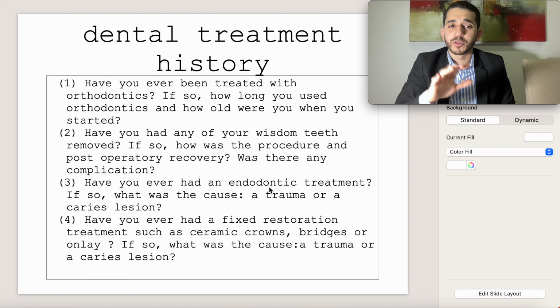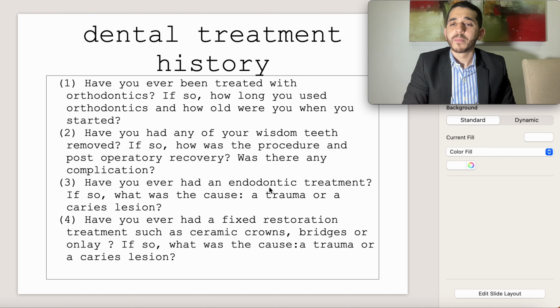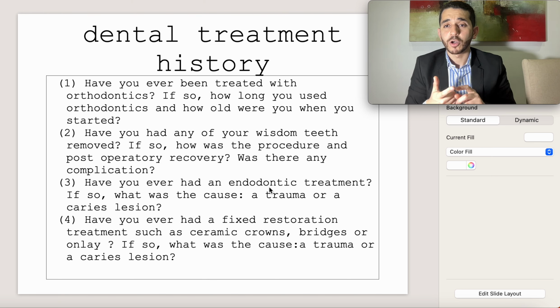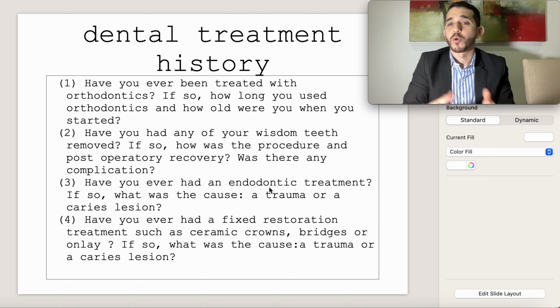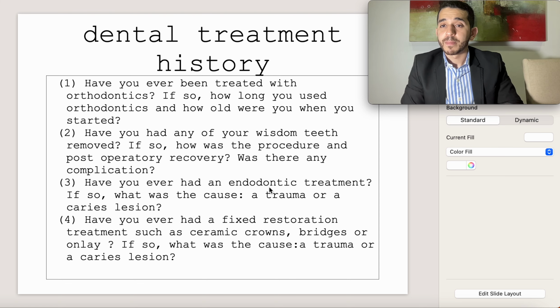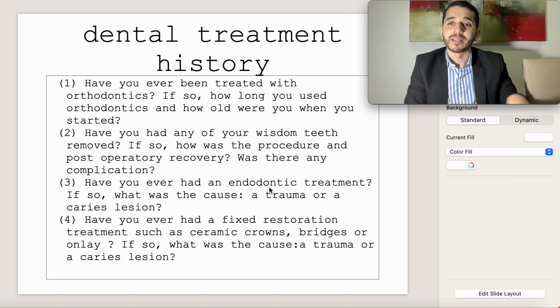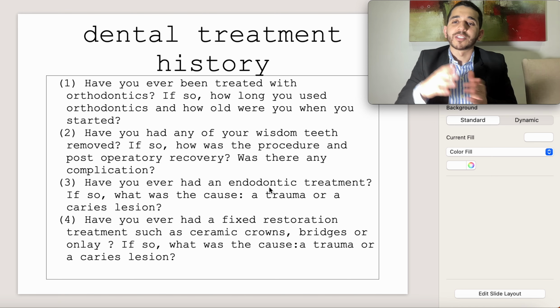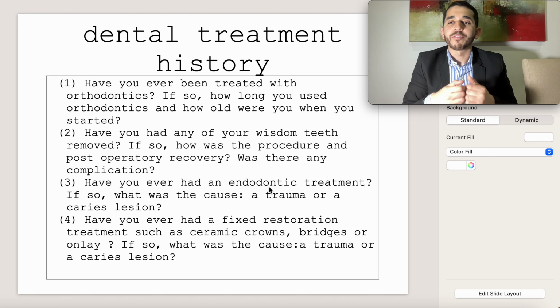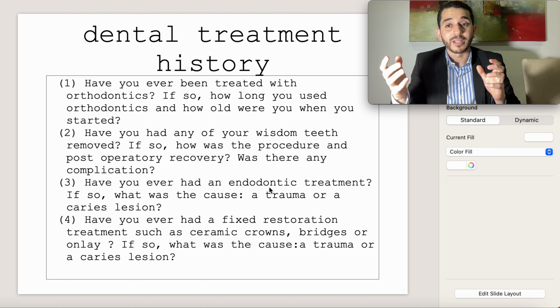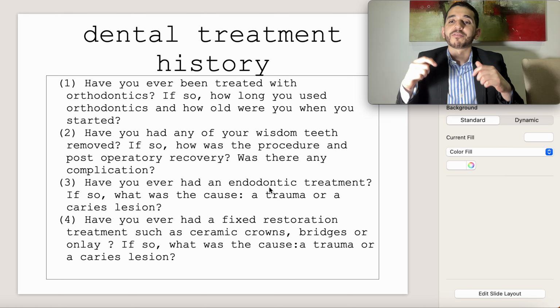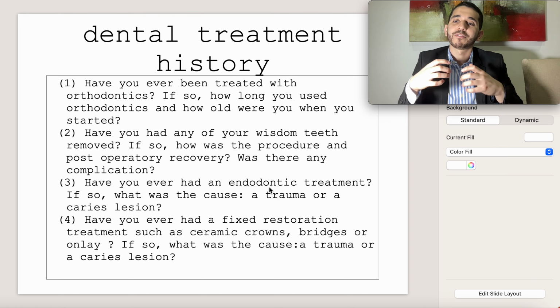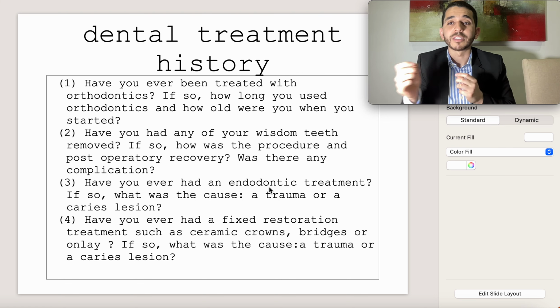We're going to do a dental treatment history that we can discuss further, but the basis is to know if the patient has gone through an orthodontic treatment or if the patient got a wisdom teeth surgery which was traumatic, because we already know that if teenagers got the wisdom teeth out and they got a traumatic surgery, it could injure their disc, and they were still in a growing stage, so that injury in their disc could affect the collateral ligaments, and that collateral ligament affectation of course could affect the final growth of the condyle and the final position of the condyle. So it's really important to know these little steps.